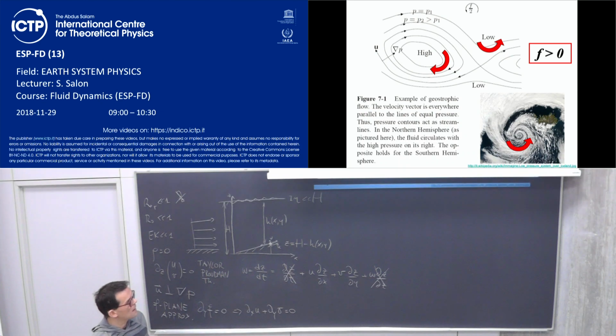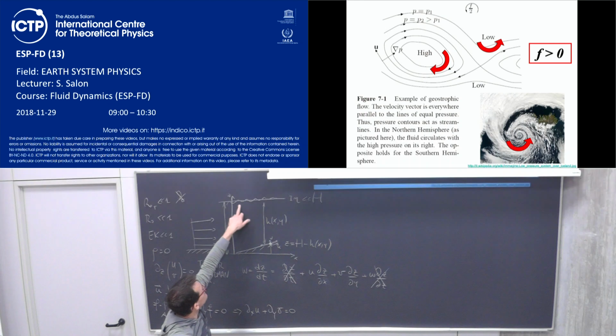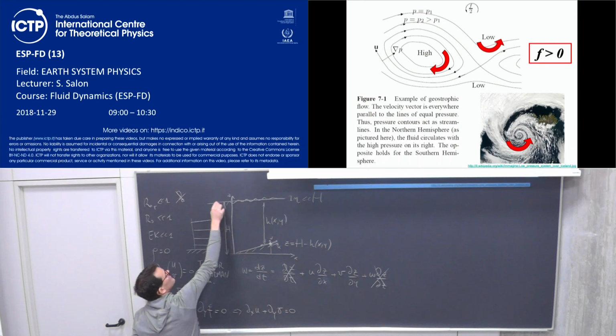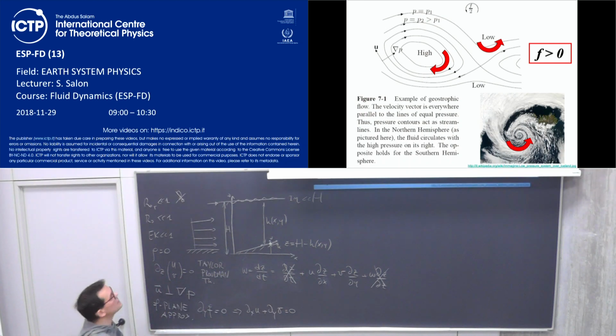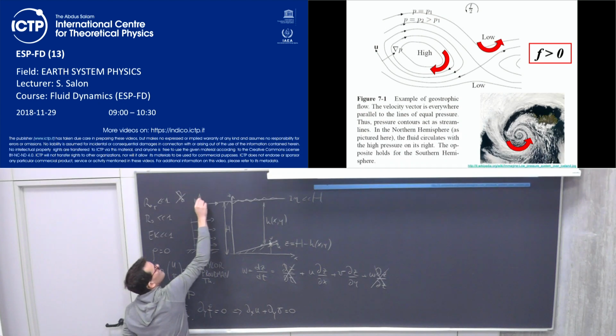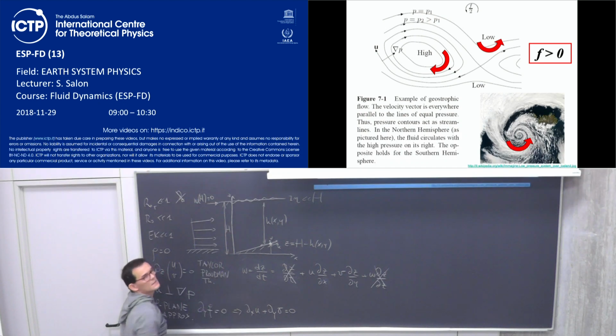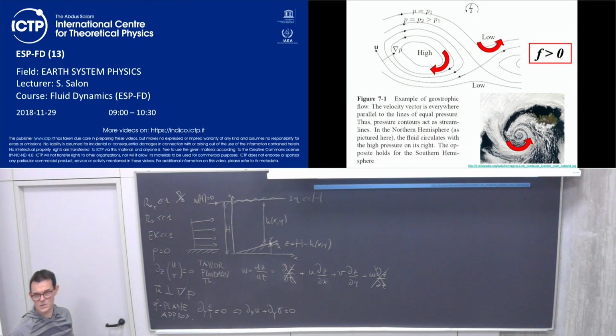But we said before that at this discontinuity, w at capital H is equal to 0. This is something that we imposed as a boundary condition.